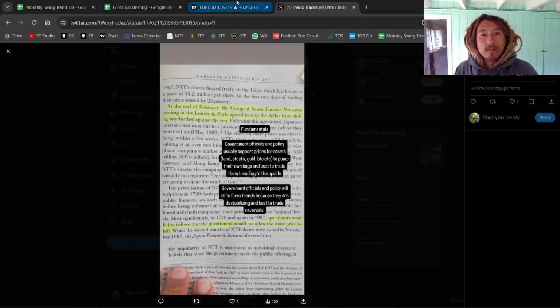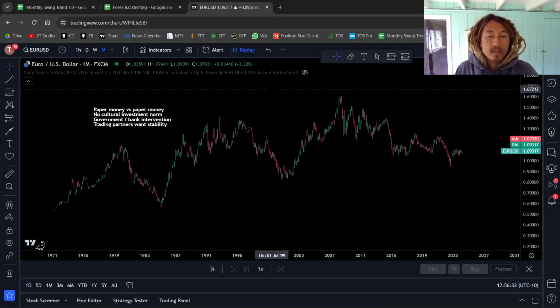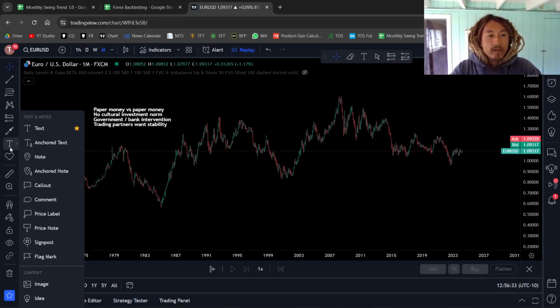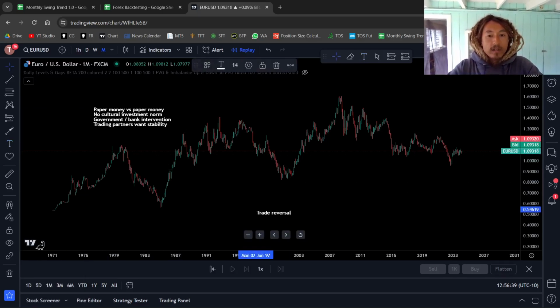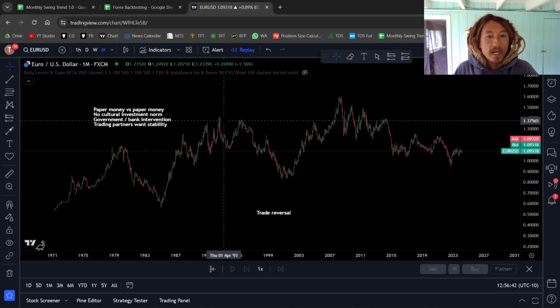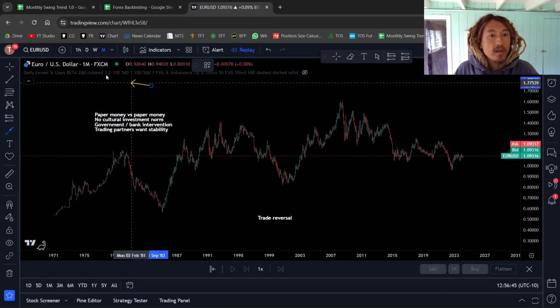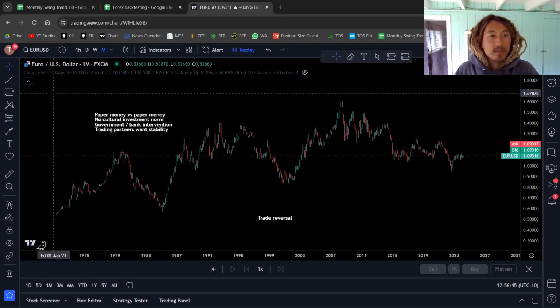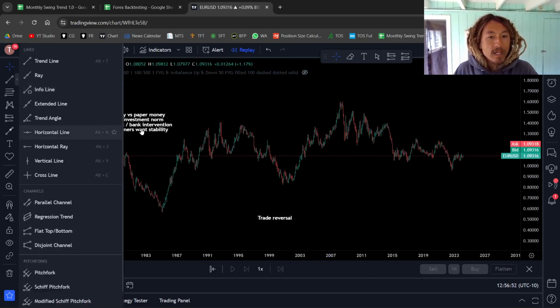So what does that mean for trading the Forex market? It means trade reversals, okay? Trade reversals. This is our strategy. We're trading reversals when, we'll get into the setup later, but when price hits old monthly highs.